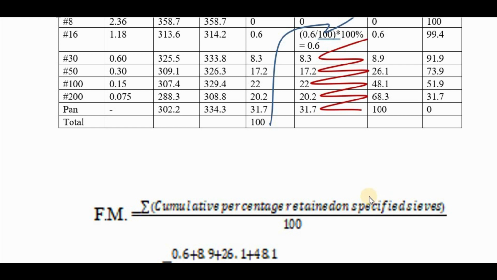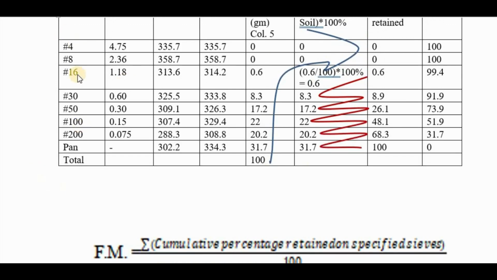What is the meaning of the specified sieves? The specification which was previously shown in the ASTM. In our ASTM standard, these sieves are prescribed to get the FM: number 4, number 8, number 16, number 30, number 50, number 100. Not 200, not pan.